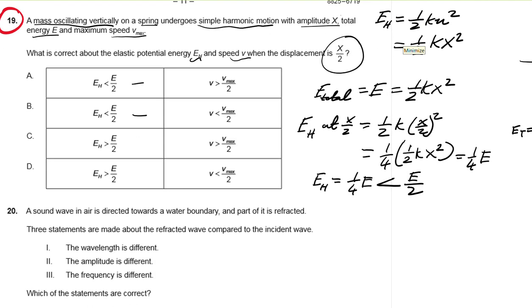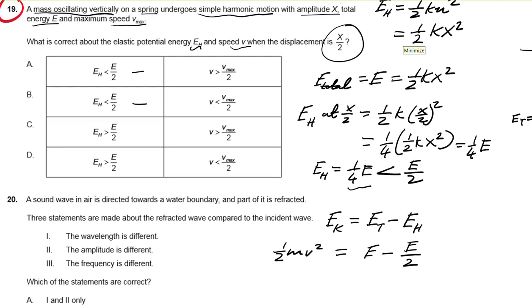Now we need to look at kinetic energy. So if our potential energy is 1/4 E, now let's find our kinetic energy. So EK is simply going to be E total minus our E potential. And so what we have is half mv squared is equal to E minus E over 4.